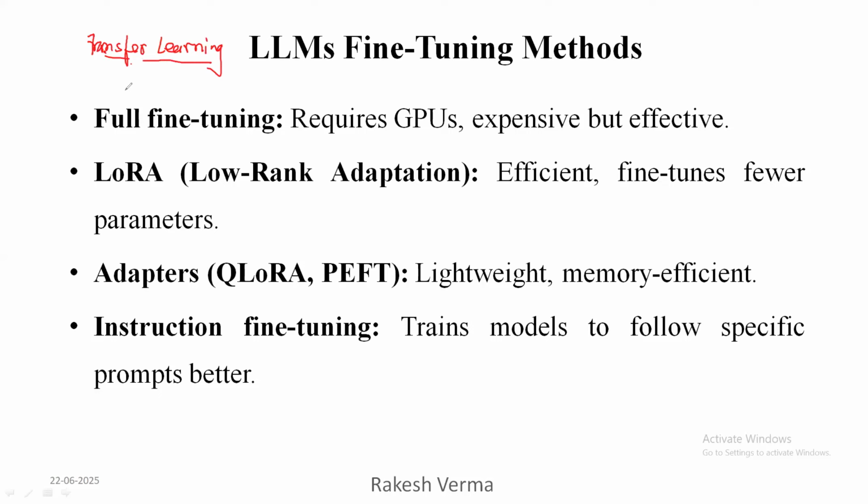It's when we have one model which is trained on some data, maybe data related to animals or anything else. And suppose we want to use this model for our specific requirement or operation.